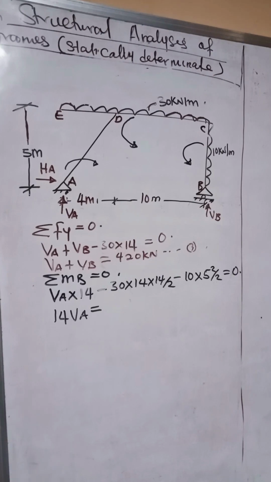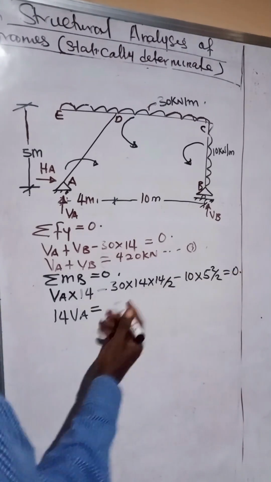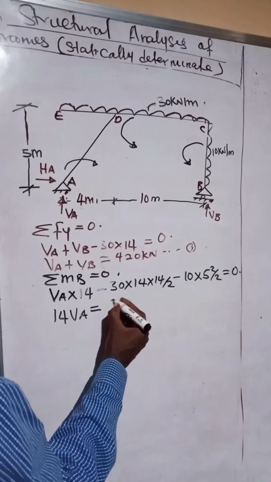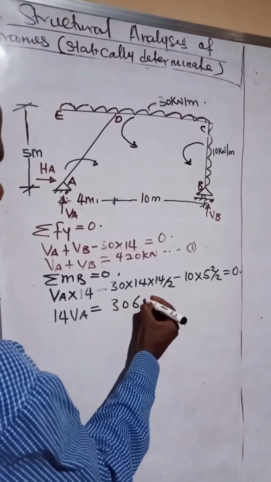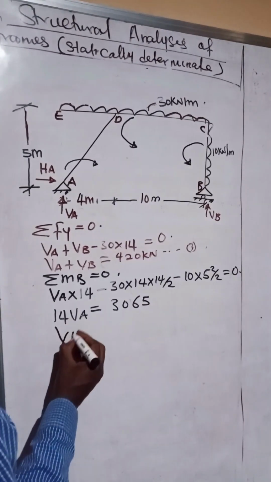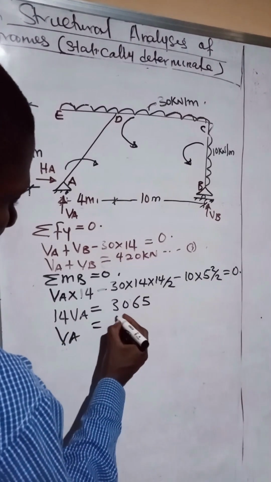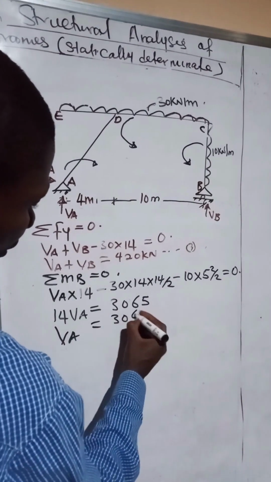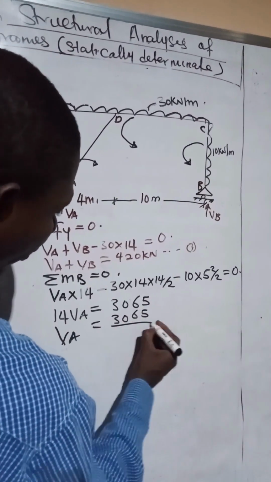Okay, 3065. So when we work it out, we are going to have it to be 3065. All right, so we have our VA to be 3065 over what?